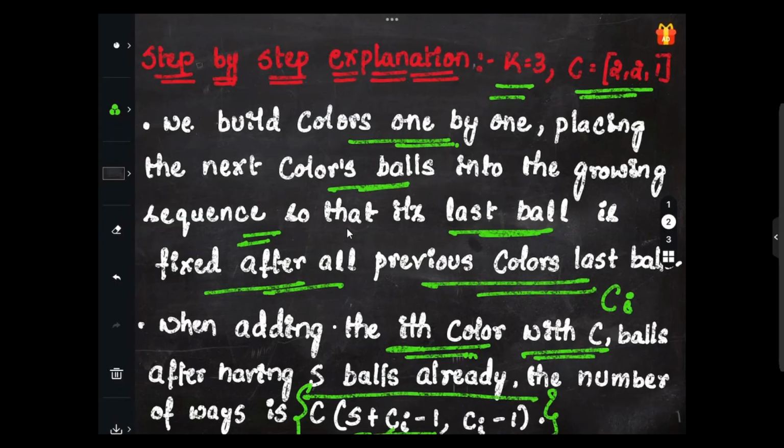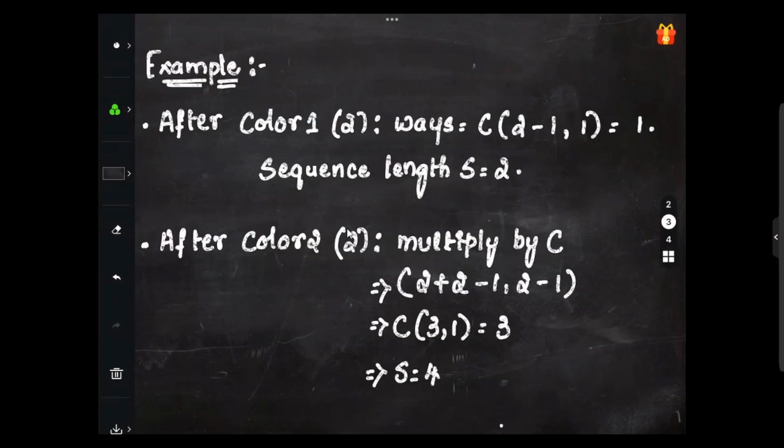So when adding the ith color with ci balls after having s balls already, the number of ways is C of s plus ci minus 1, ci minus 1, same as this one here, but we'll be adding s, right? So let's move on with the calculation part.